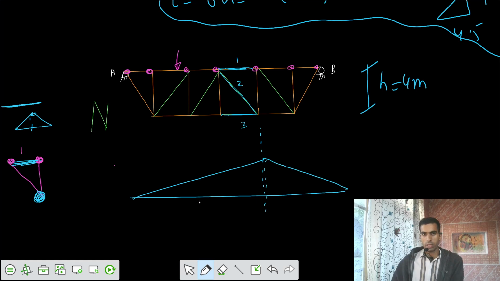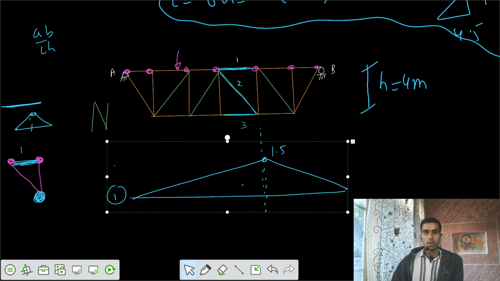Here the ordinate would be equal to AB by LH, so this is 4A from one side, 2A by 6A, height of H. You substitute those values, you get a final value equal to 1.5. Ordinate of 1.5. Okay, this is case 1, that's for member 1. Let's keep it to a side for now.